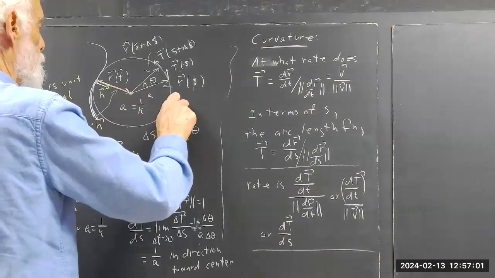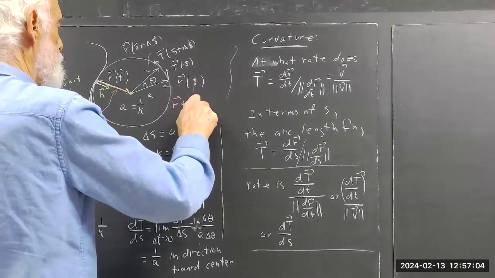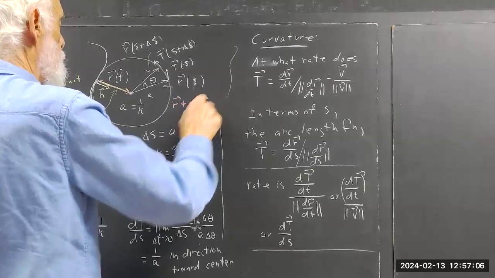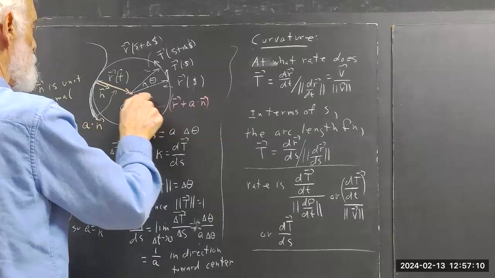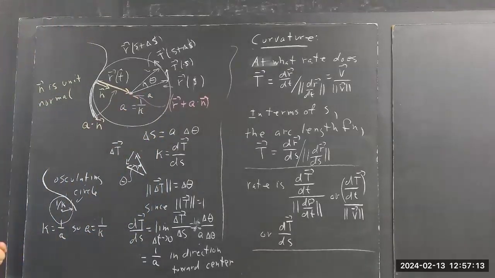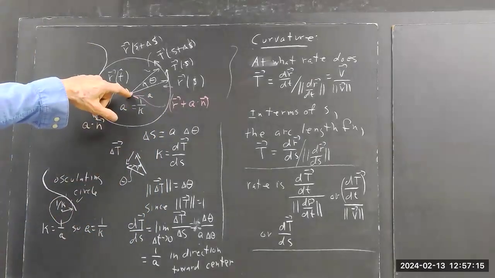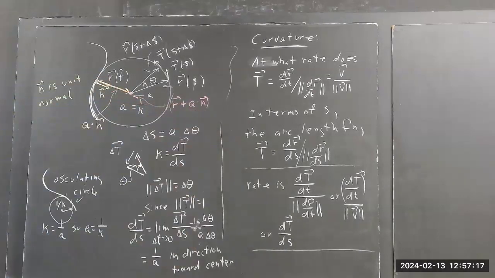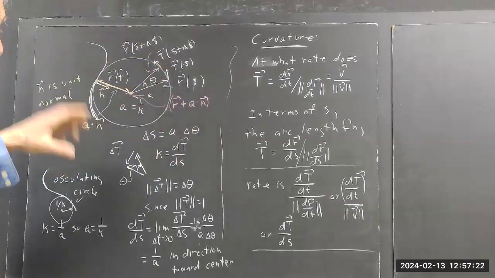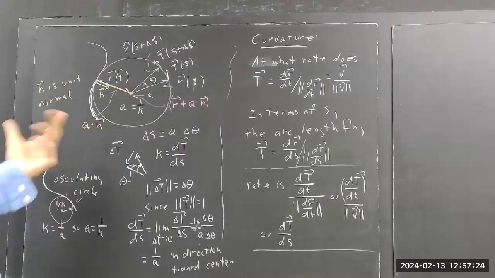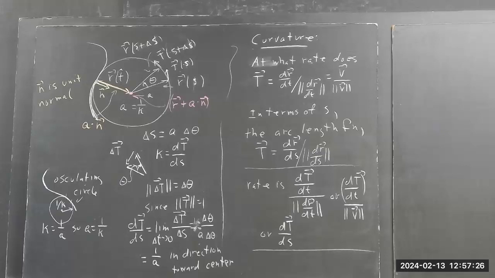From here it would be R plus a multiplied by N. If you're measuring from the center of the circle, this R is just zero, if you're at the origin. If you're measuring from a different point, you might want to draw it out that way. It generalizes.